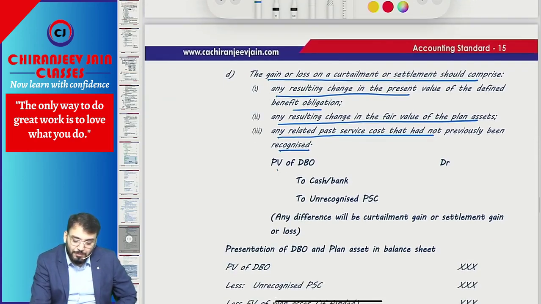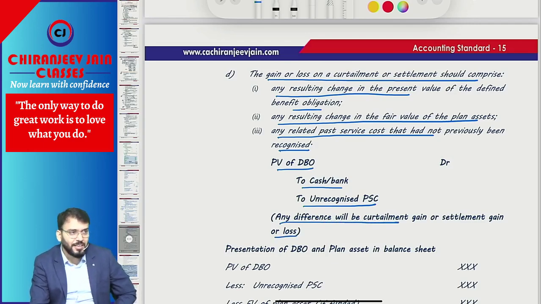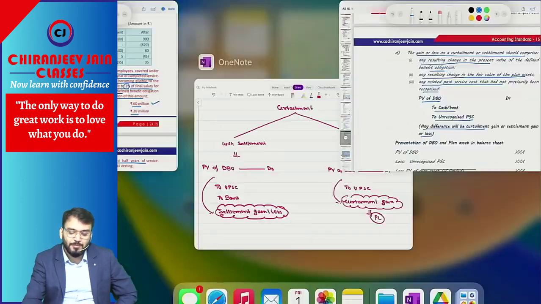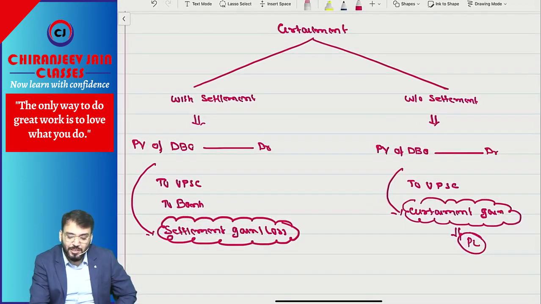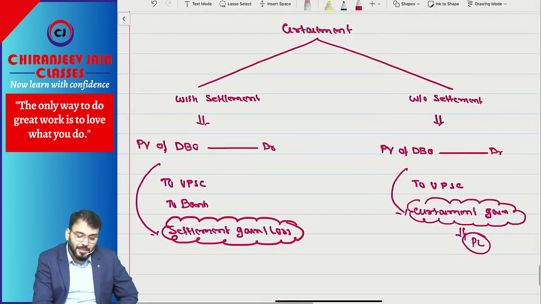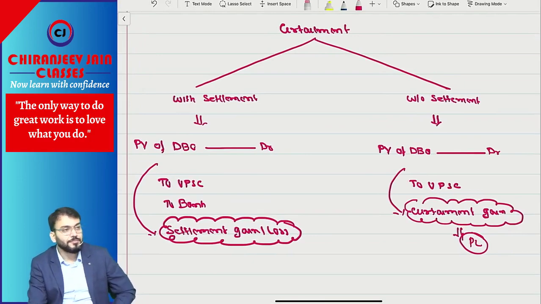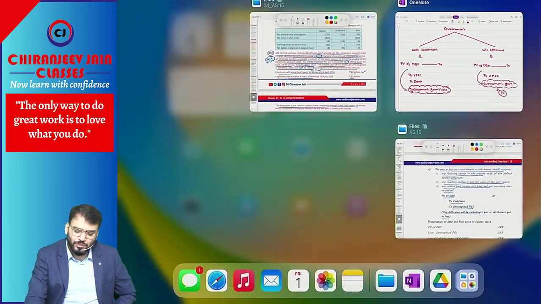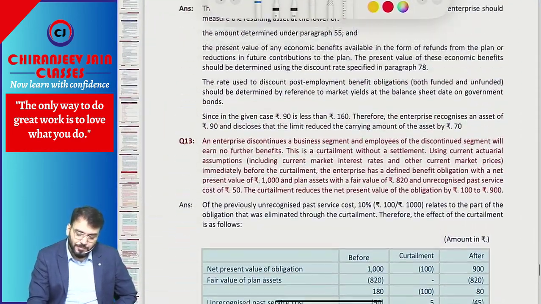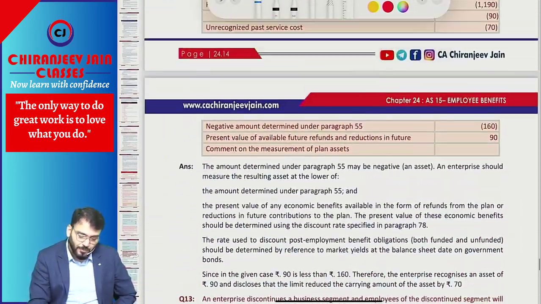Means what journal entry: present value of DBO, to unrecognized past service cost, to cash or bank, and if any difference, it will be curtailment gain or settlement gain or loss. In the book I have given only one journal entry, but here I have explained with curtailment. Curtailment without settlement, this journal entry. Curtailment with settlement, this journal entry. Understood? Only one question has been given in this regard. Let us read that question.